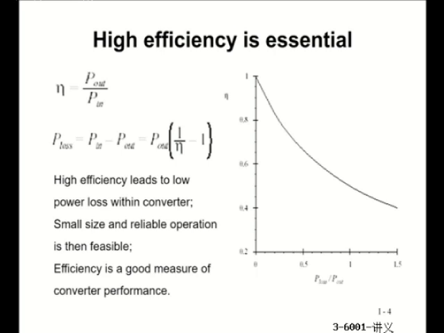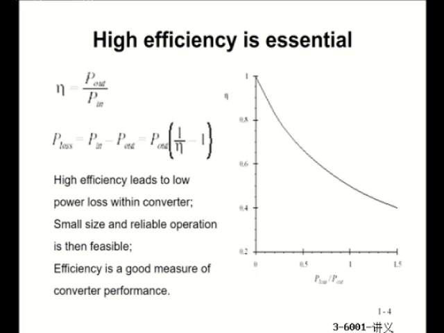If we don't handle the heat generated by the power loss in the power converter, then the temperature of the power converter will rise up. And when the temperature rises, it finally will exceed the tolerated temperature a power converter can handle.